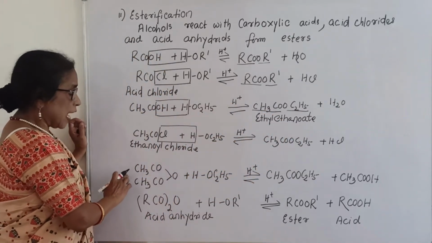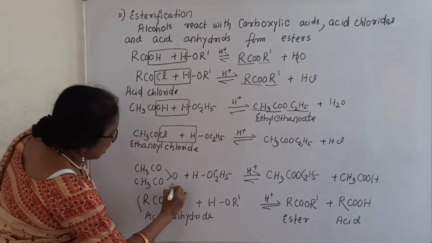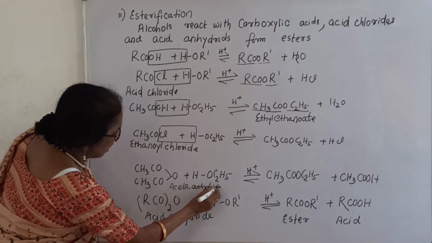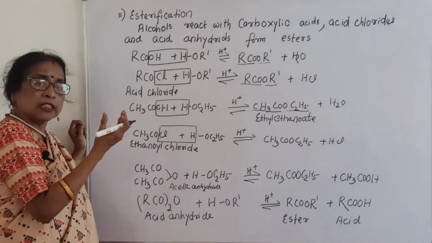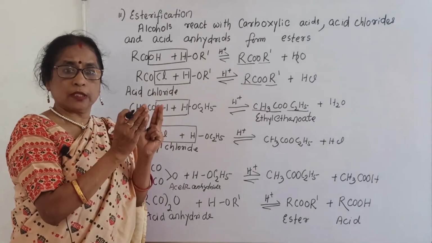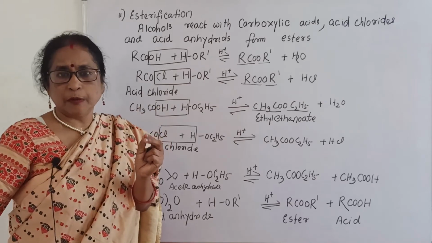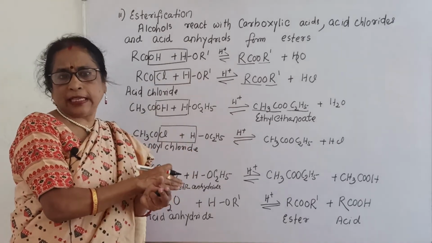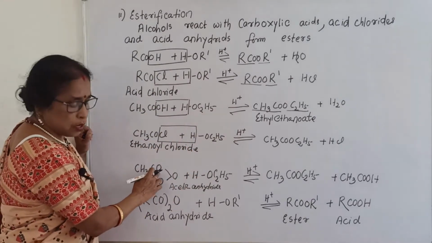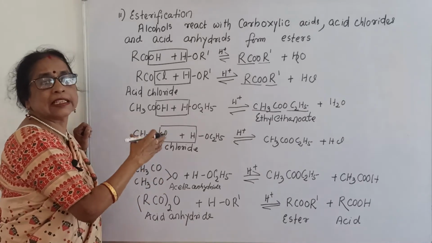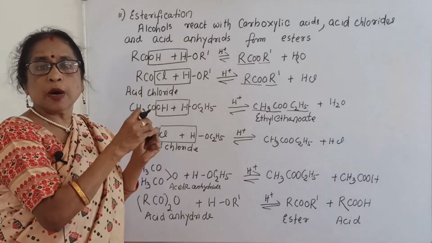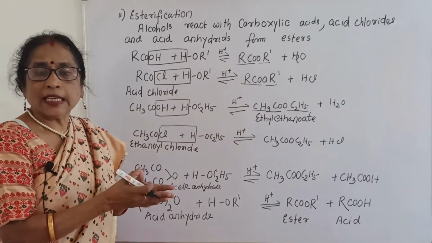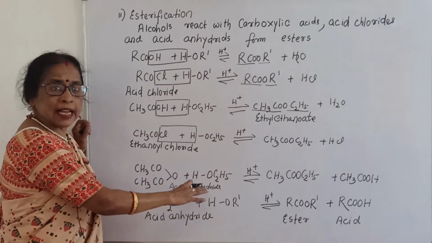Now this is called acetic anhydride. Why is it called acetic anhydride? Because it is the combination of two molecules of acid with one molecule of water removed, and what is remaining is called the anhydride of the acid. So CH3CO indicates that it is from acetic acid. Two molecules of acetic acid, on heating, give one molecule of water, and what is remaining is called acetic anhydride.